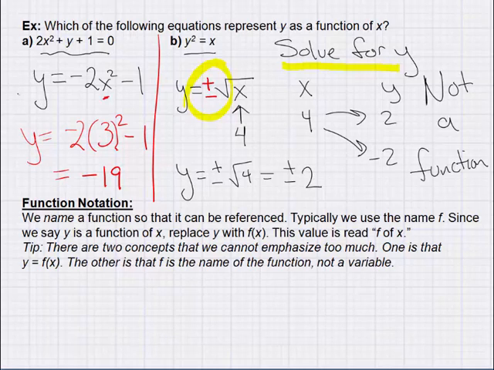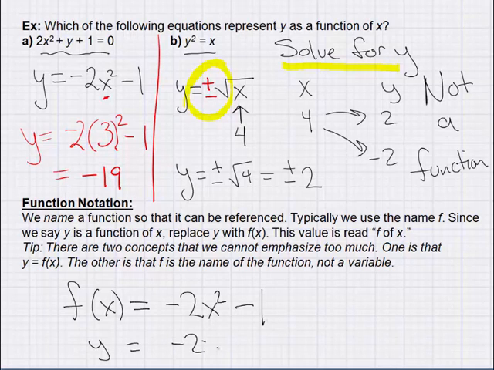What I can do is replace the y with what we call function notation, this f of x notation. So f of x is what we're going to replace y with. We get f of x equals negative 2x squared minus 1, instead of y equals negative 2x squared minus 1.